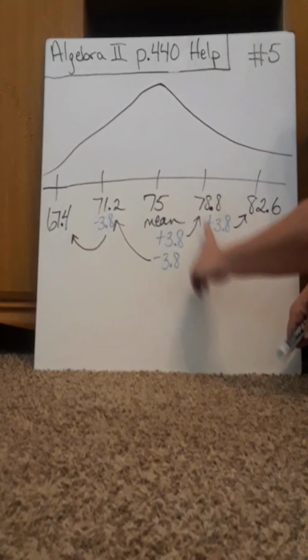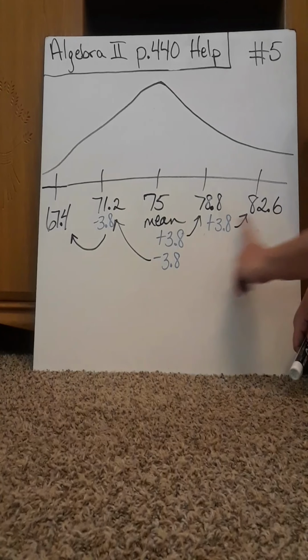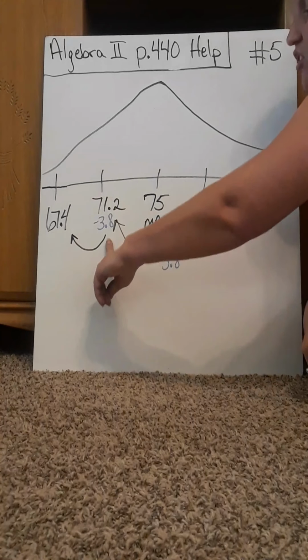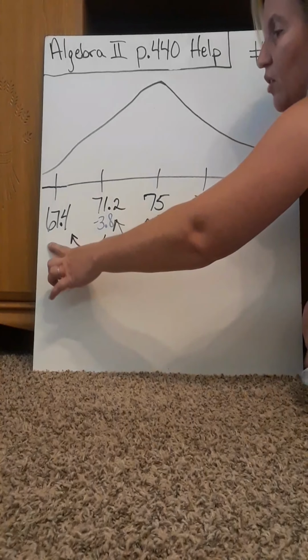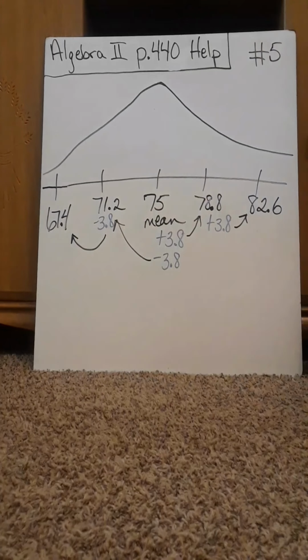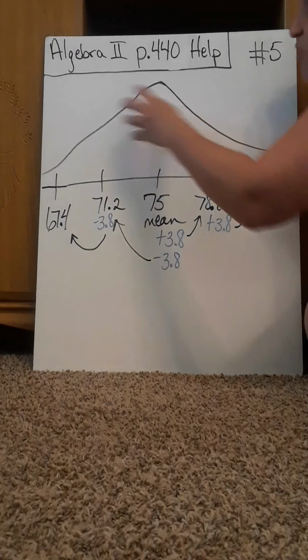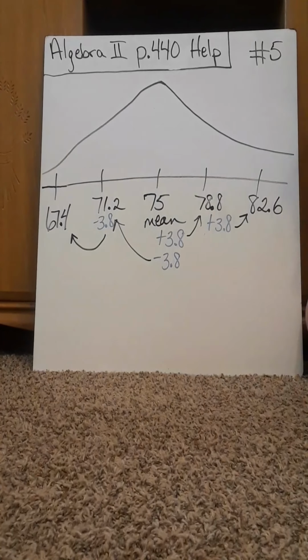So this is one standard deviation above the mean, 2 standard deviations above the mean. This is one standard deviation below the mean, 2 standard deviations below the mean. Okay, I also drew a little bell curve or a normal curve above it. Why? Because it tells me that it's normally distributed, which means that there's a certain percentage of my data within each of these sections.